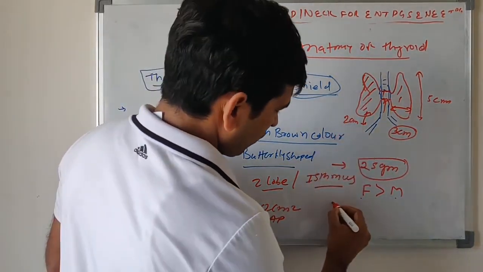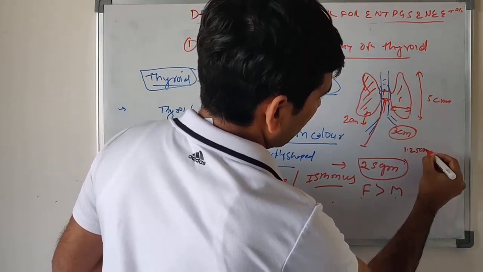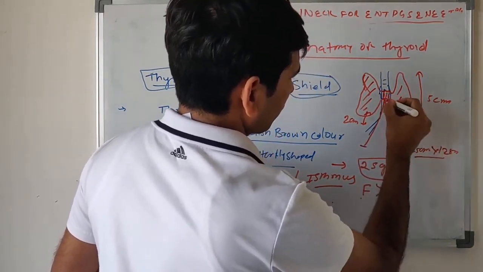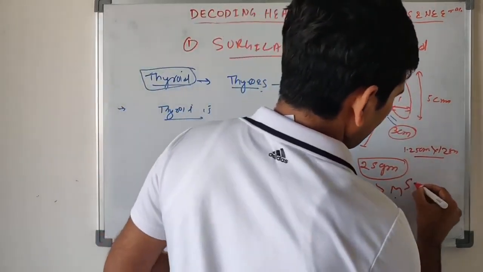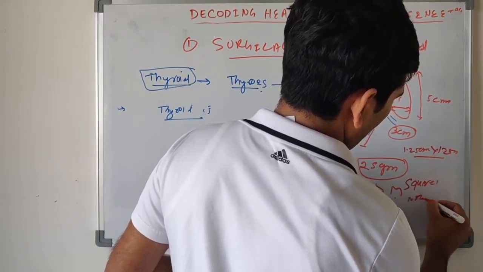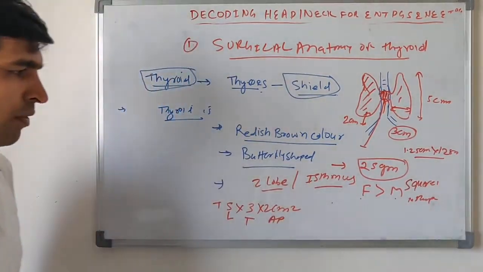The isthmus is about 1.25 centimeter into 1.25 centimeter, square in shape.